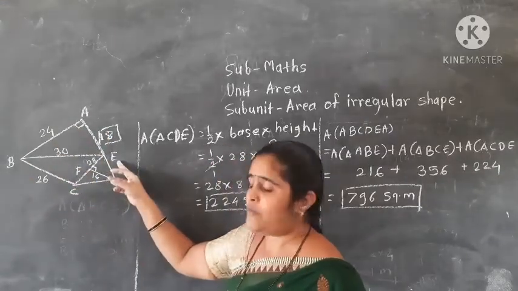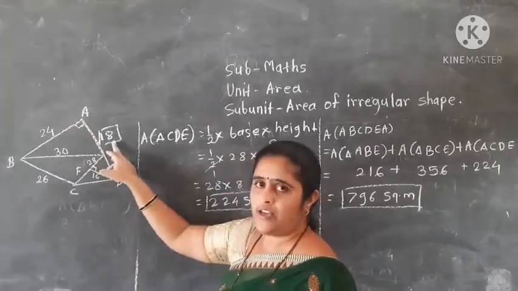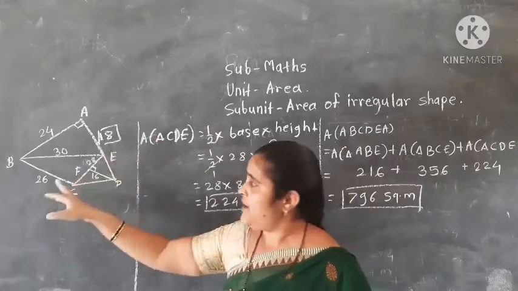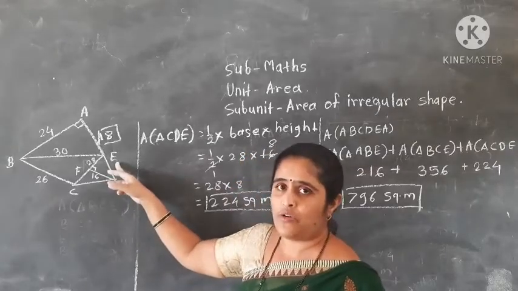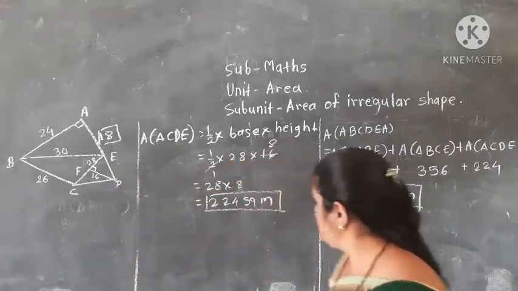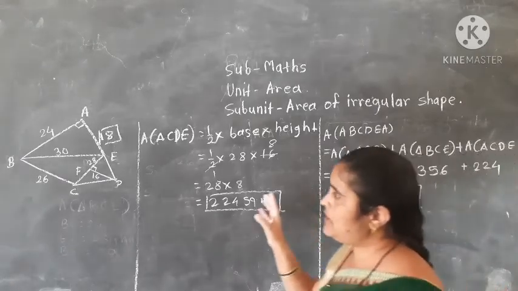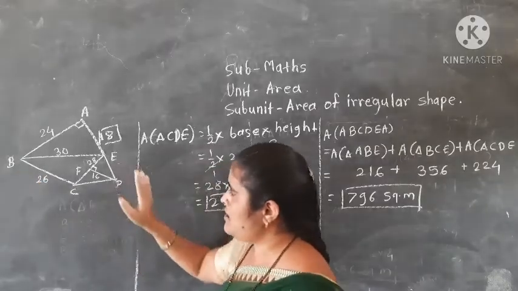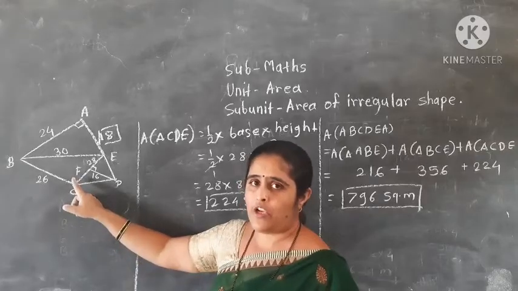In that, with the help of Pythagoras theorem, we have to calculate AE, that is 18 meter. After that, we use area of triangle BAE is equal to 1/2 into base into height. So our answer is 216 square meter. After that, we have to calculate the area of triangle BCE. First we write the semi-perimeter. The value of S will be 42.